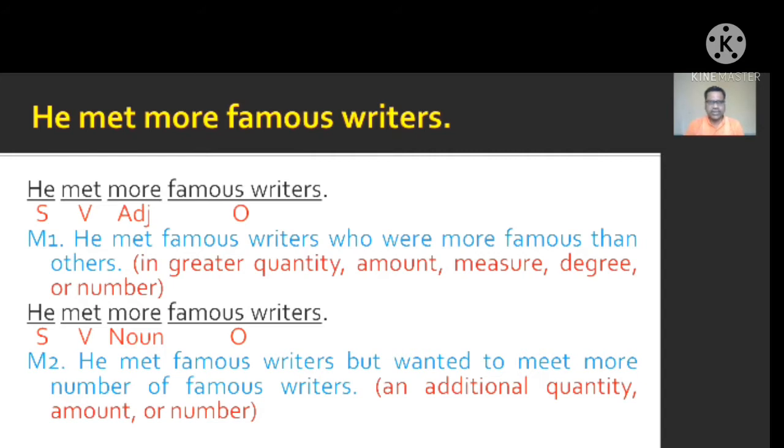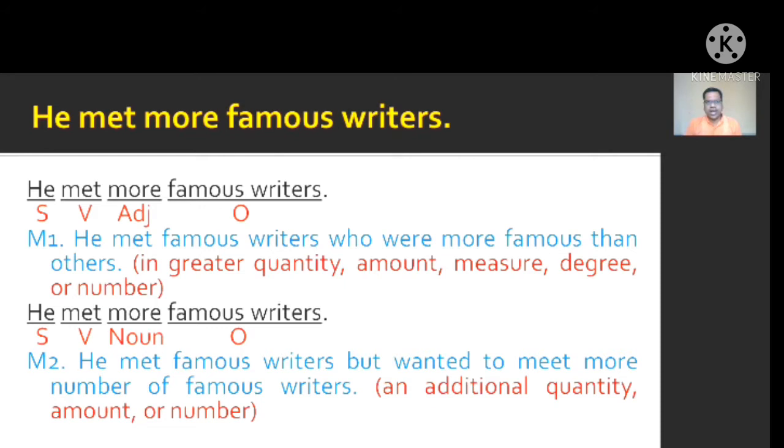The moment you read this sentence, you will get confused about the word more. And once you try to analyze the sentence from the structural point of view, you will come to know that this can be interpreted in 2 different ways.